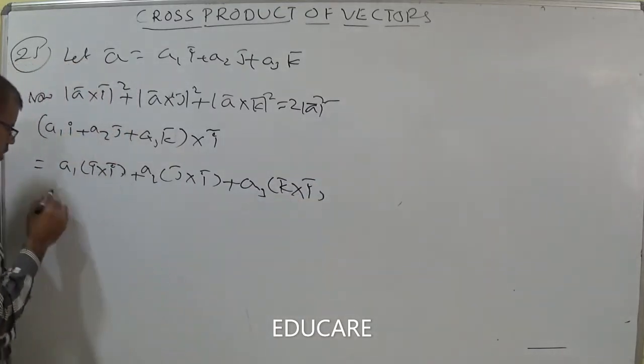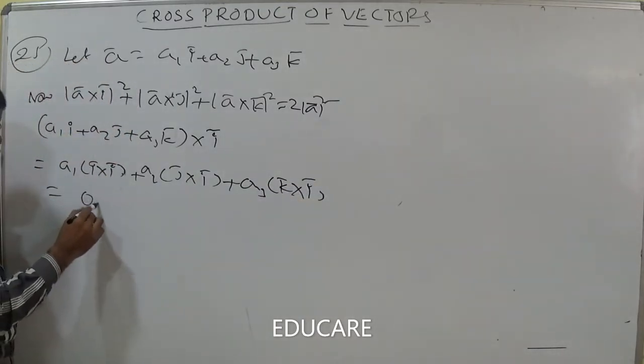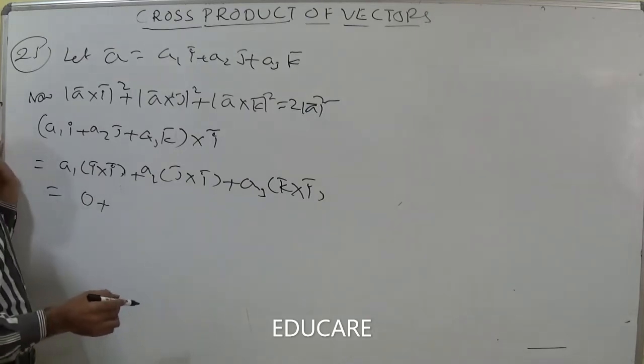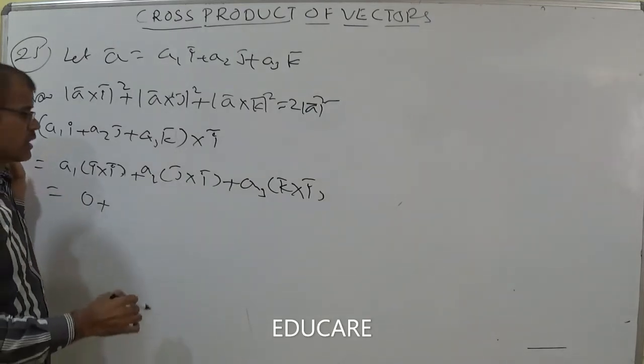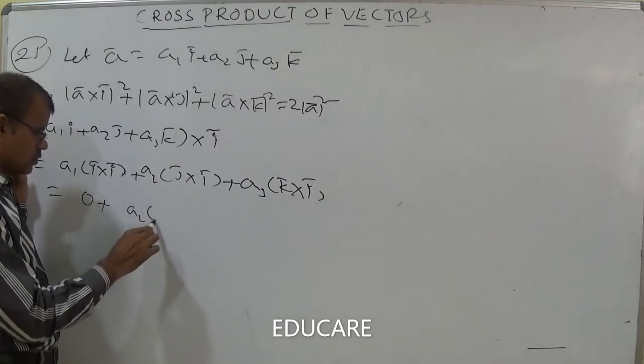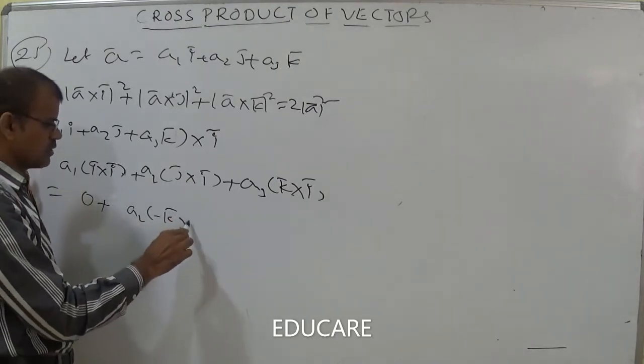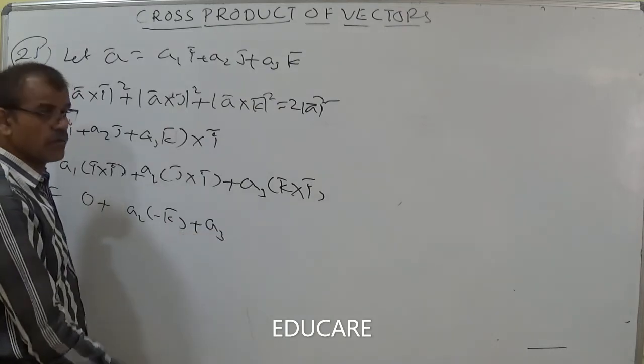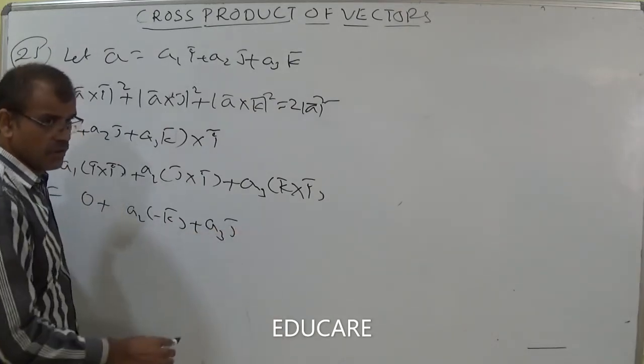Here i cross i value is 0. You know that i cross j is equal to k, but j cross i is equal to minus k. So A2 into minus k, plus A3 into the value of k cross i, which is j.